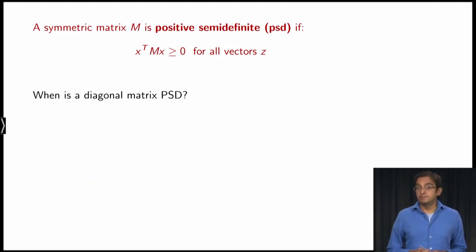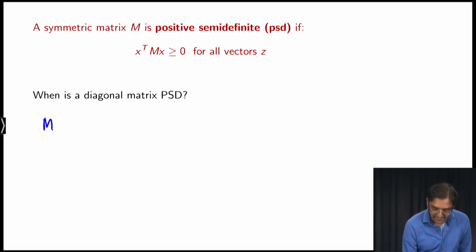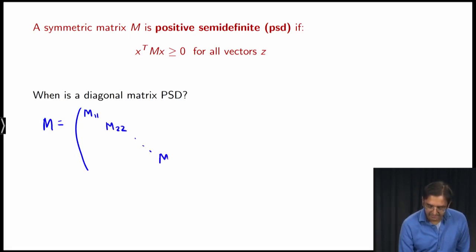Here's another question. Suppose we have a diagonal matrix. Under what conditions is it positive semi-definite? Okay, so we have some diagonal matrix. So the diagonal entries are M11, M22, all the way to Mdd. And everything else is a 0.